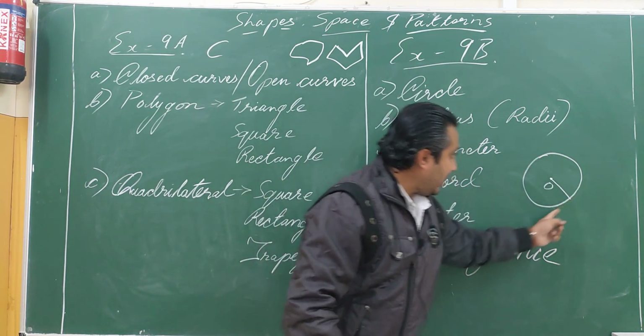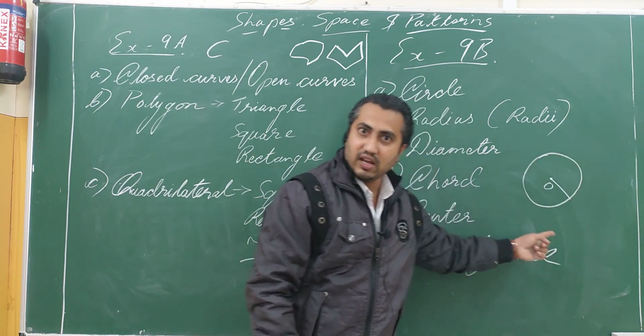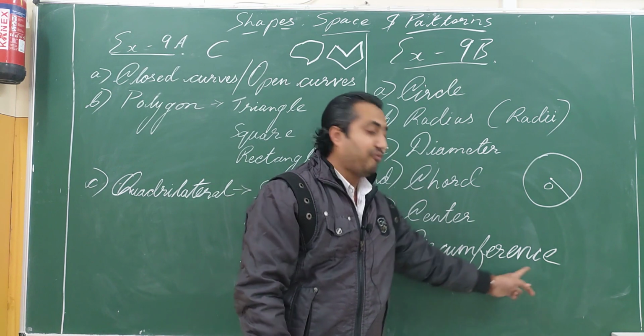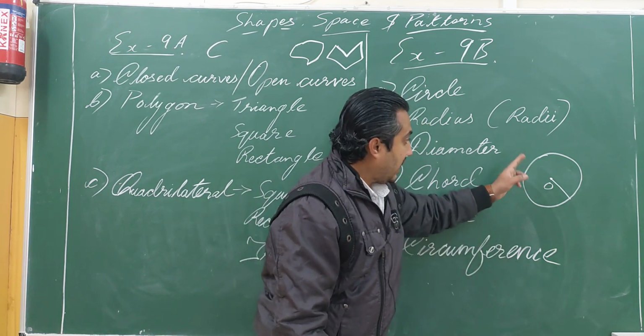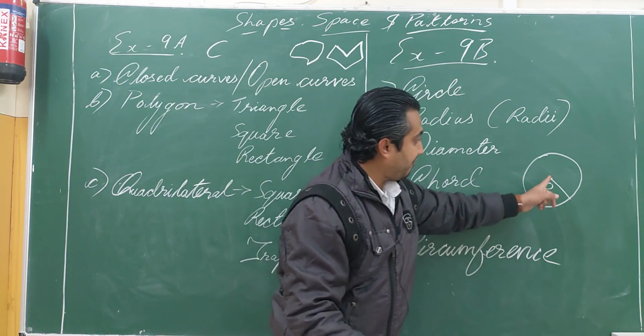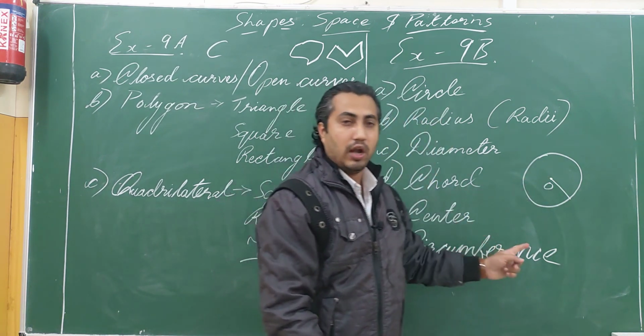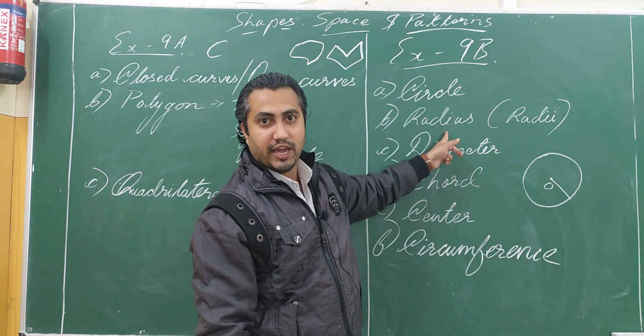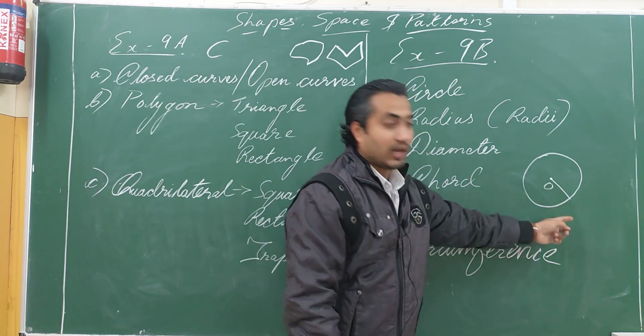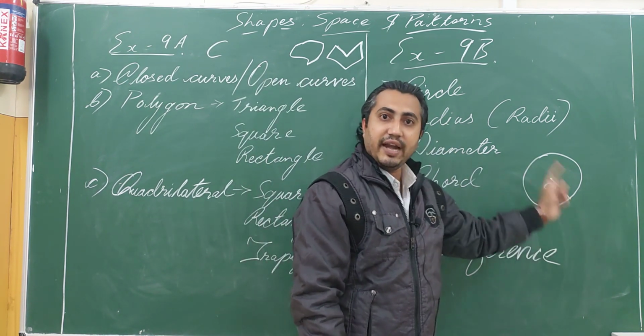The total length of the boundary of a circle is called circumference. Now, a straight line segment from the center to the circumference is called a radius.